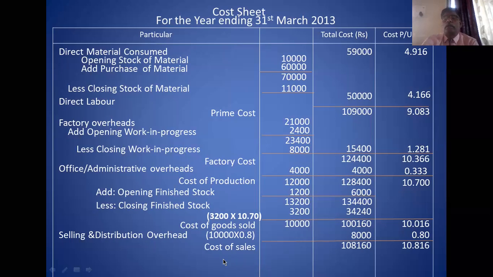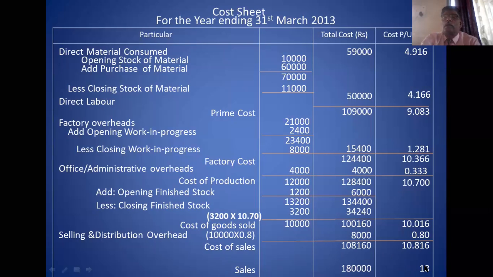Then you leave one line and take the sale. Sale is 1,80,000. Total amount of sale is 1,80,000. Per unit is 18 rupees. How I calculated this 18? 1,80,000 divided by 10,000. 10,000 units are sold.